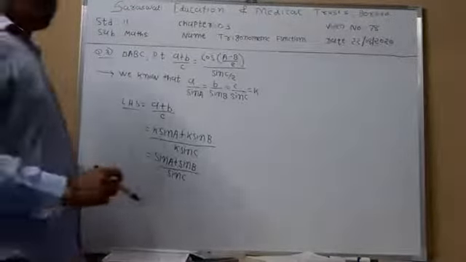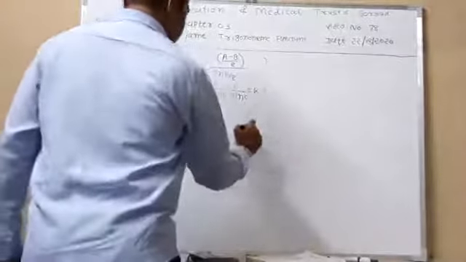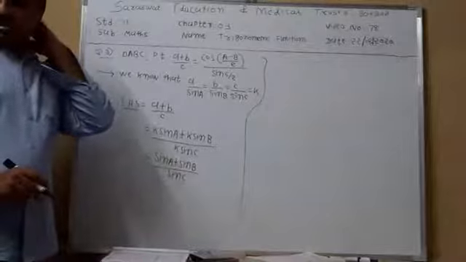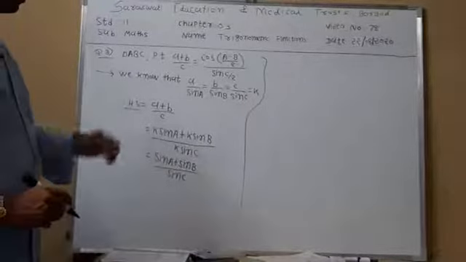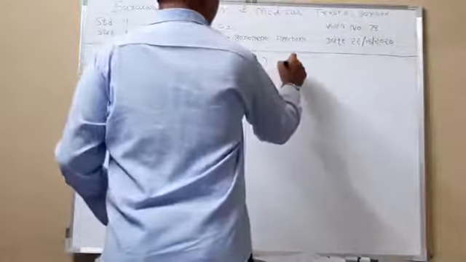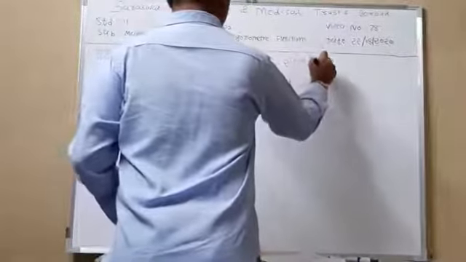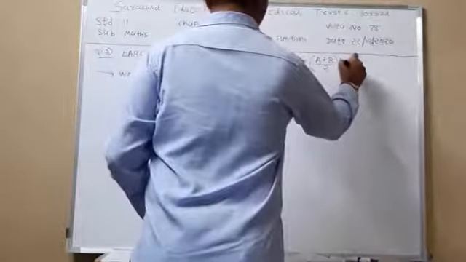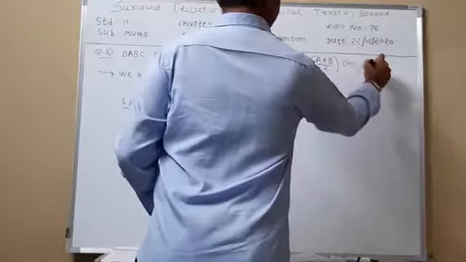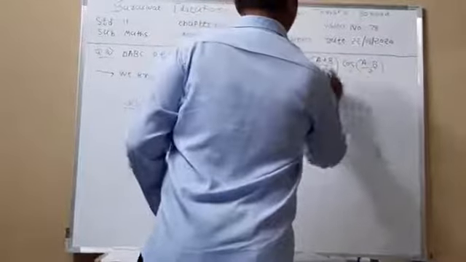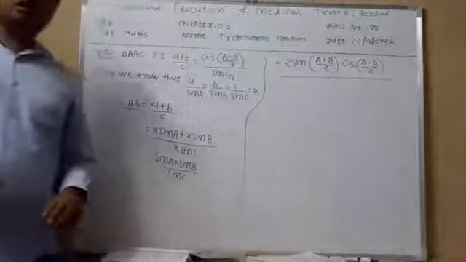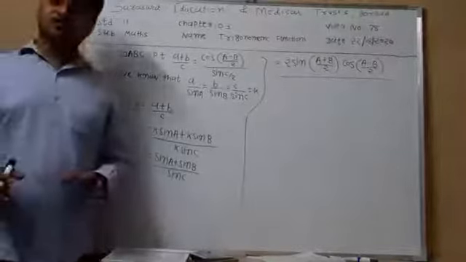Now here apply the identity sin A plus sin B, that means sin C plus sin D, which gives 2 times sin A plus B upon 2 into cos A minus B upon 2. In the denominator we know the identity sin 2 theta is equal to 2 sin theta cos theta.